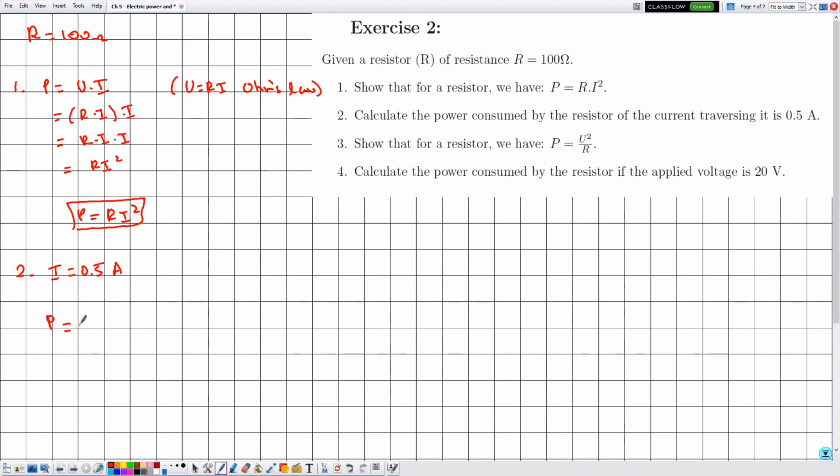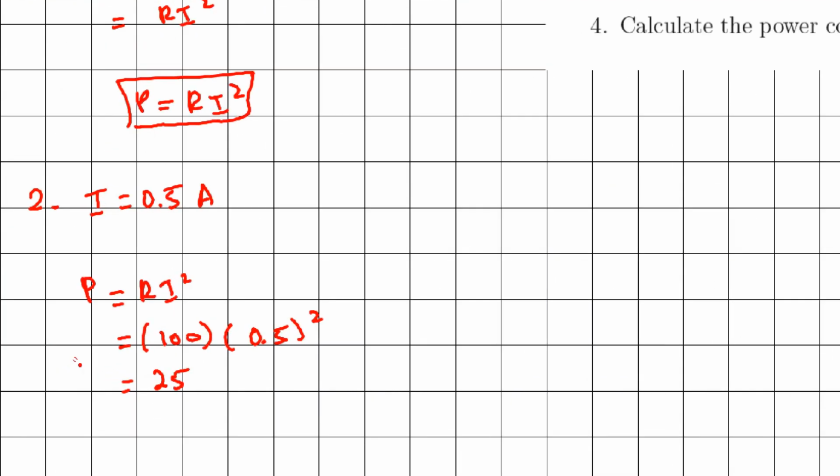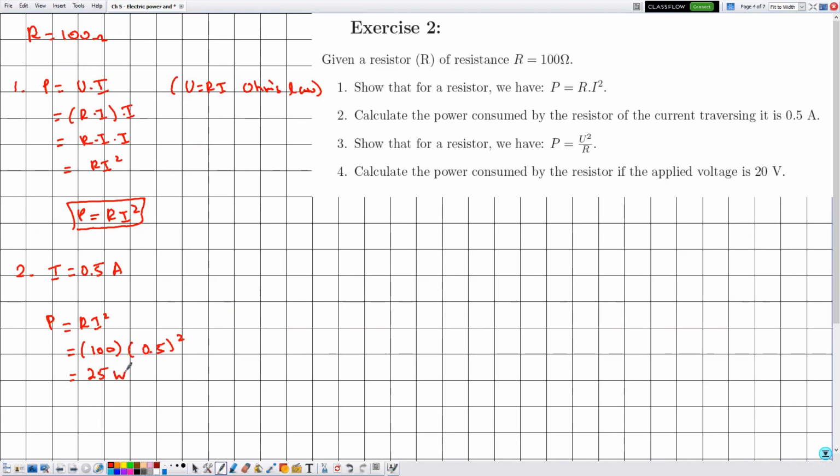Then P is equal to Ri square, replacing the value of R, which is given by 100, and the value of I, which is given by 0.5 to the power 2. Now plugging this on the calculator will give us 25. Because R is in the SI and I is in the SI, the value of P will be in the SI, which is 25 watts. So the value of P is equal to 25 watts.